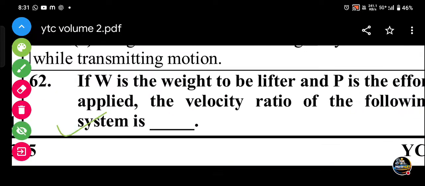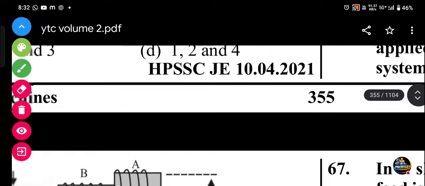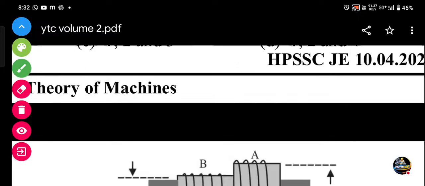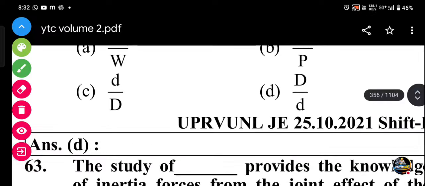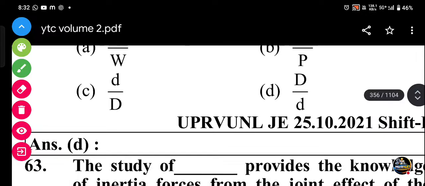Next question. If W is the weight to be lifted and P is the effort applied, the velocity ratio equals: W by P, or capital D by small d.